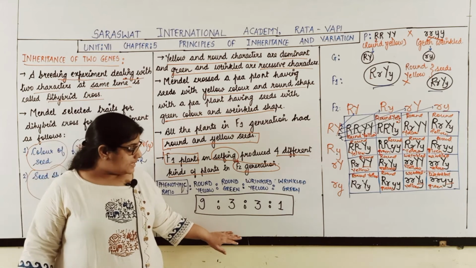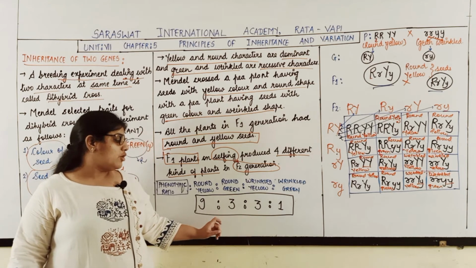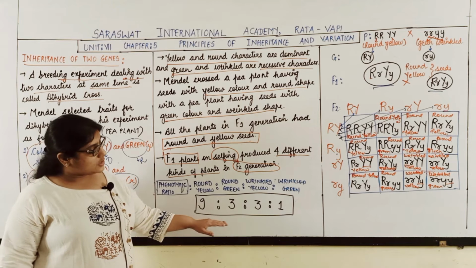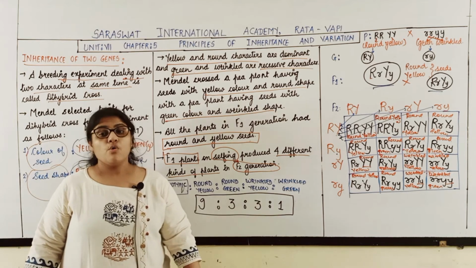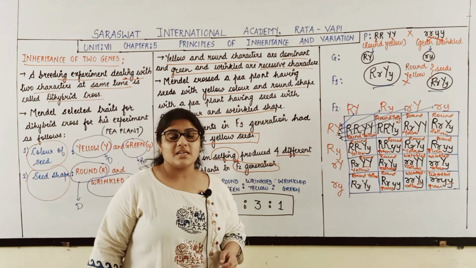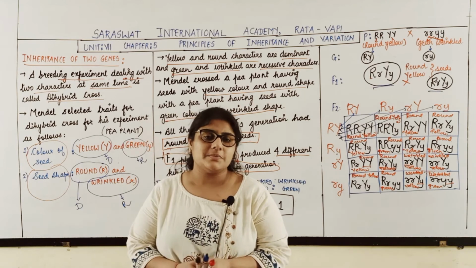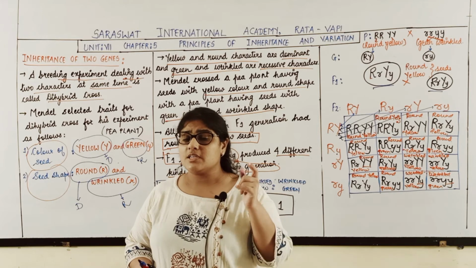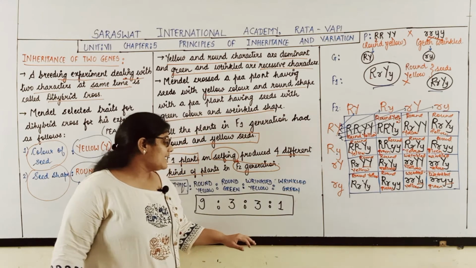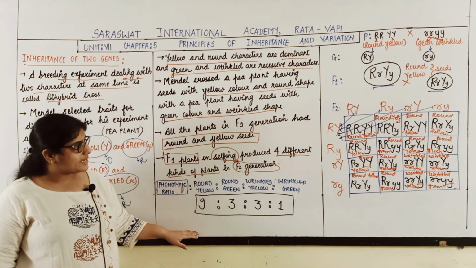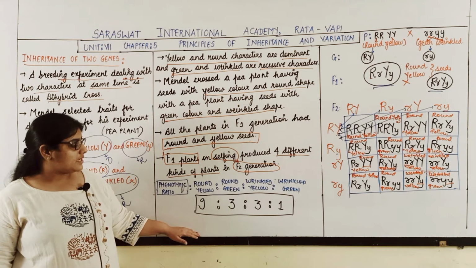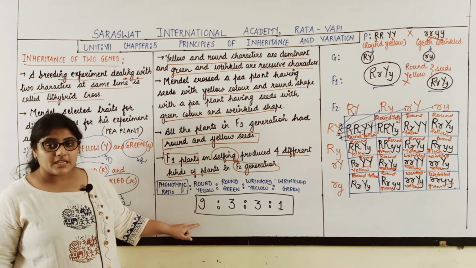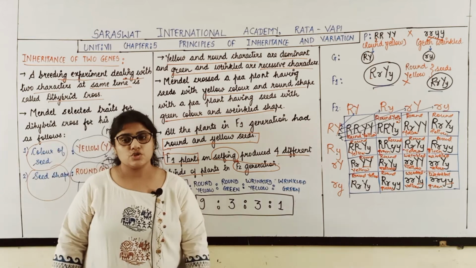So these were obtained in what ratio? 9:3:3:1. Whereas when we studied the monohybrid experiment, what was the phenotypic ratio obtained, students? It was 3:1. But when he performed the dihybrid experiment, what phenotypic ratio he obtained? 9:3:3:1.